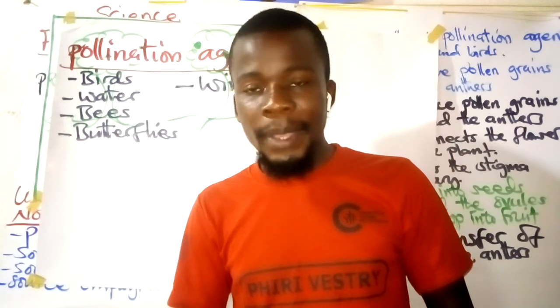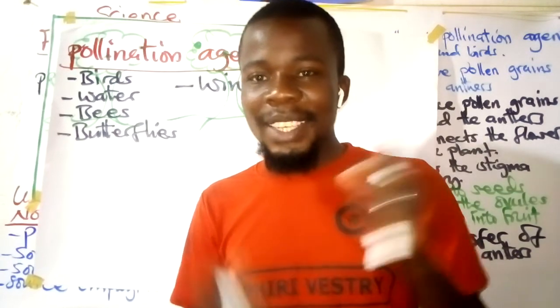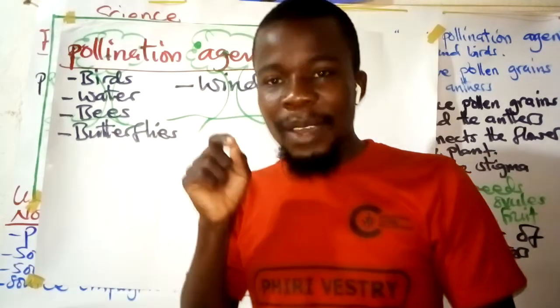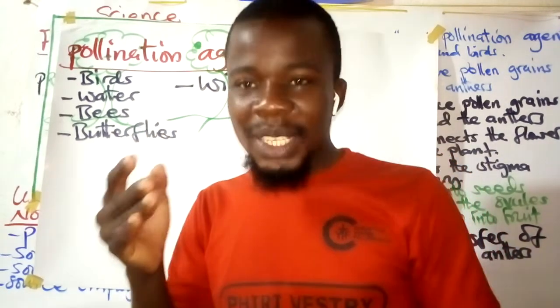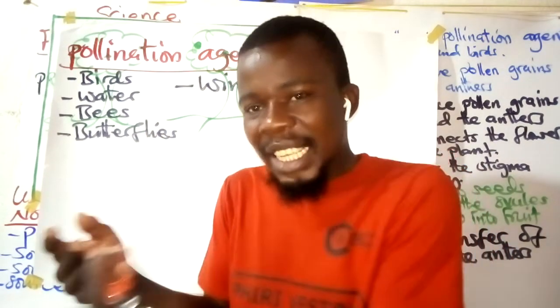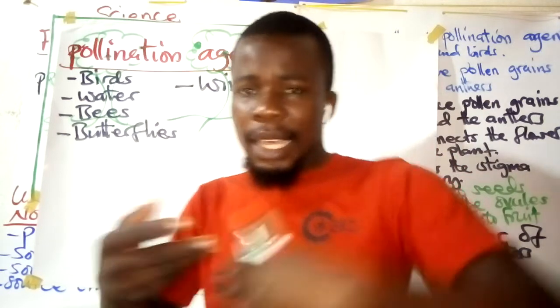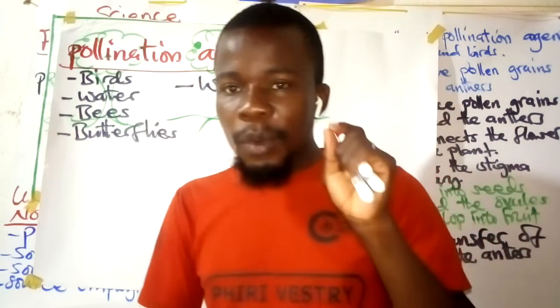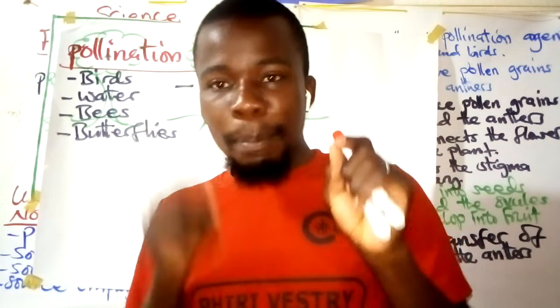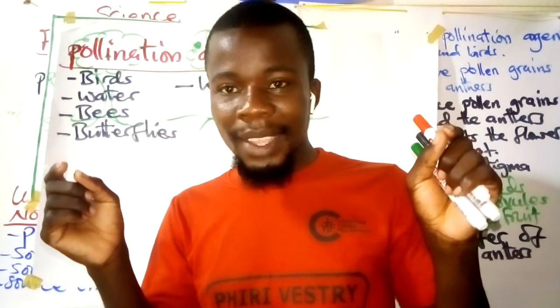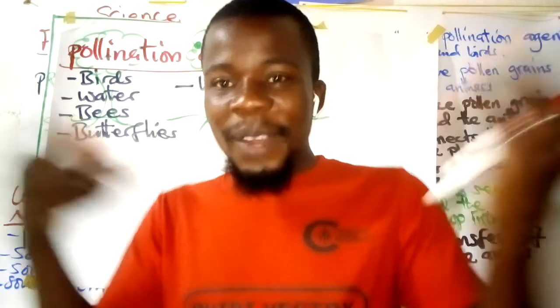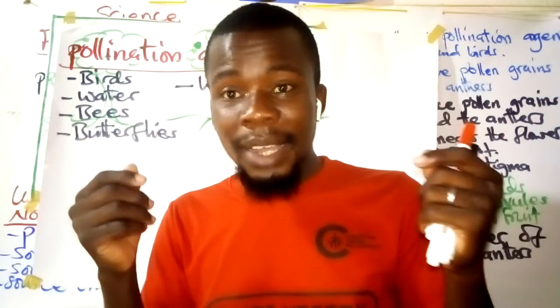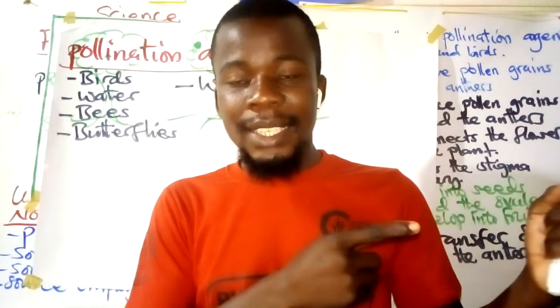Okay? Let's now look at the difference between the insect pollinated flowers and the wind pollinated flowers. Some flowers are pollinated by wind, while some flowers are pollinated by insects.